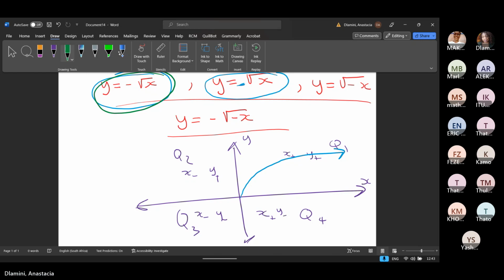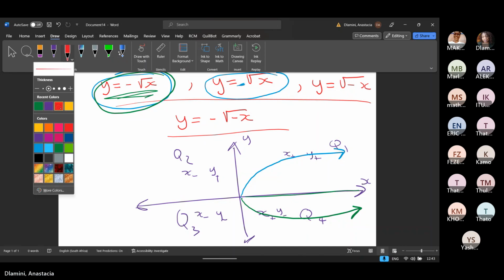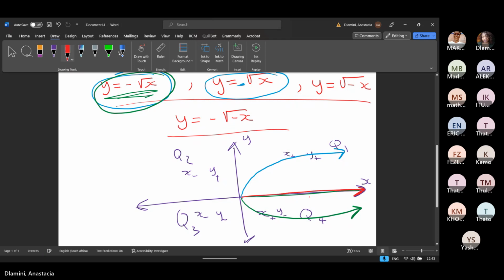It's in the fourth quadrant. Yes. Now, if we look at our notes, we said this is a reflection about the x-axis. Do you see that? Yes, ma'am. So this is true. Does it make sense? Yes, ma'am. Okay, please mute. Let's try another one.